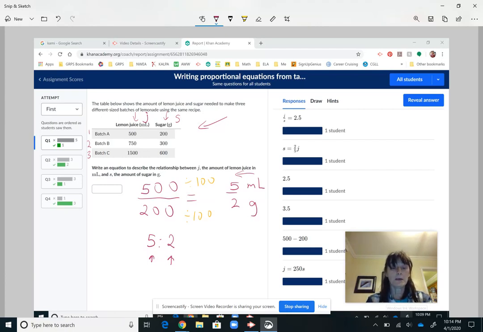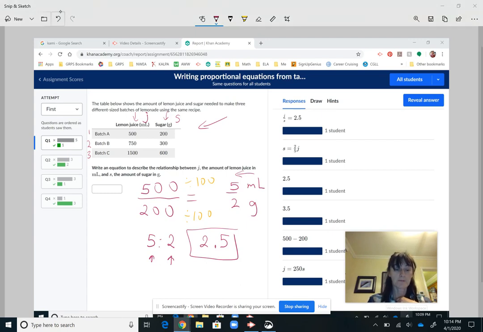Or I can even divide 5 divided by 2, and I end up with 2.5, but that's a relationship. Makes sense. 5 divided by 2, I get 2.5. That would be a relationship.